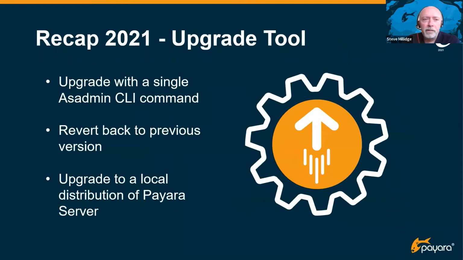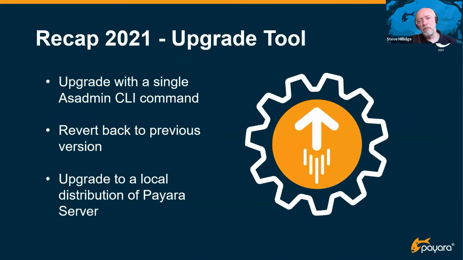So the other thing we did in 2021 is we added capabilities to upgrade and revert back to previous versions. So you can use a single asadmin command to download the latest Payara and upgrade a local distribution, and also, if that doesn't work, to revert it back to a previous version.